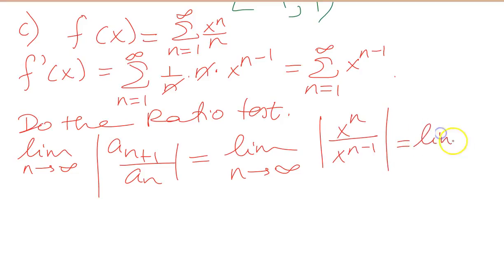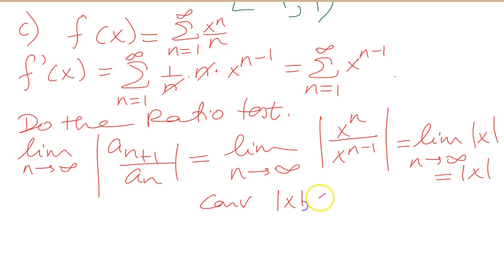Notice that we have an extra x in the numerator; the numerator power is 1 more than that of the denominator. So the limit of the ratio is the absolute value of x. It does not depend on n. It converges when the absolute value of x is less than 1, meaning x must be between negative 1 and 1.